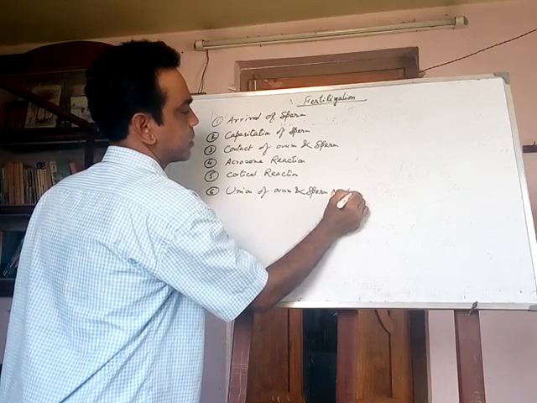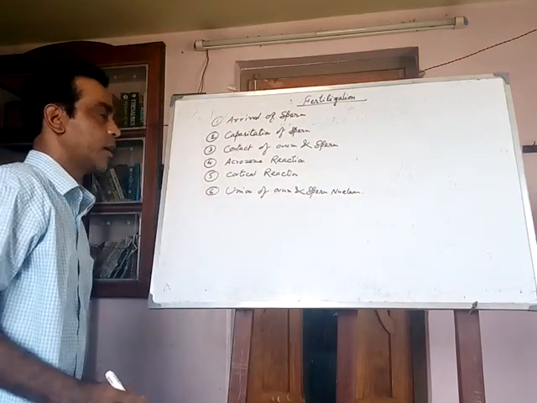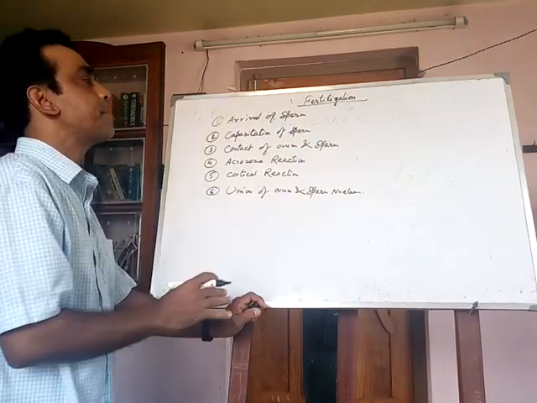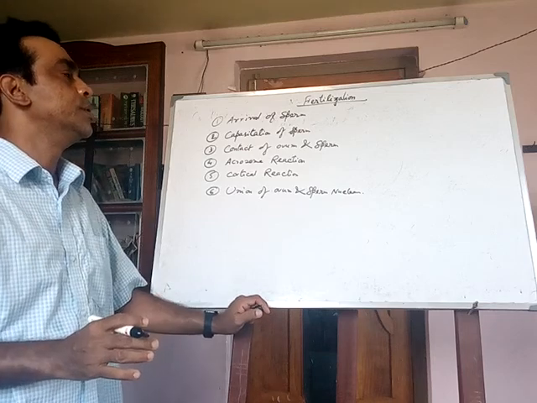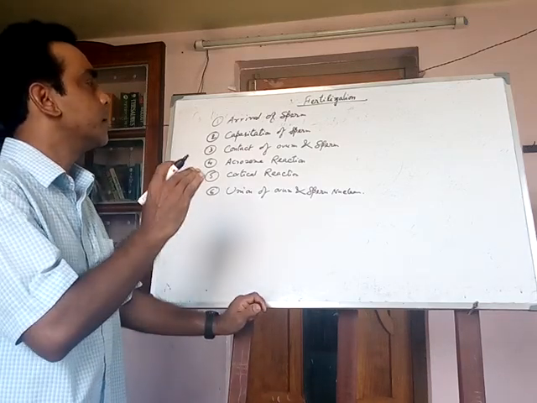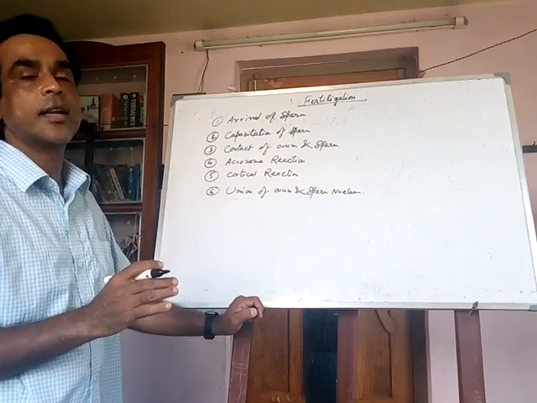These are the six steps for the process of fertilization.